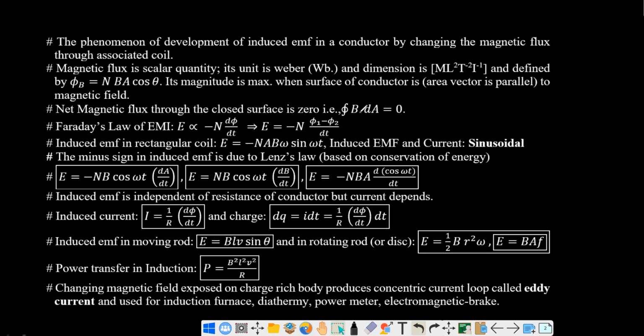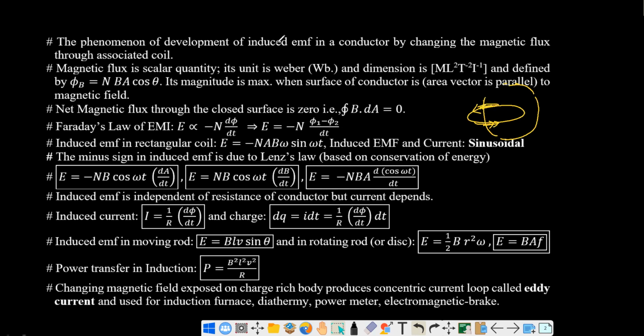The net magnetic flux through a closed loop is 0. If we have a closed loop, then magnetic lines of force are a continuous complete path. So if we have a closed surface, whatever lines of force cross in, an equal amount of flux is getting out.